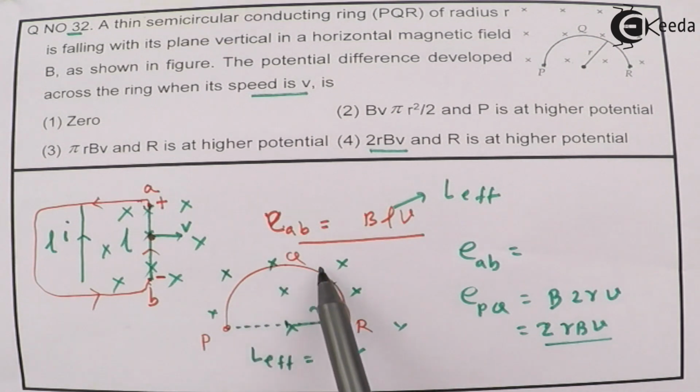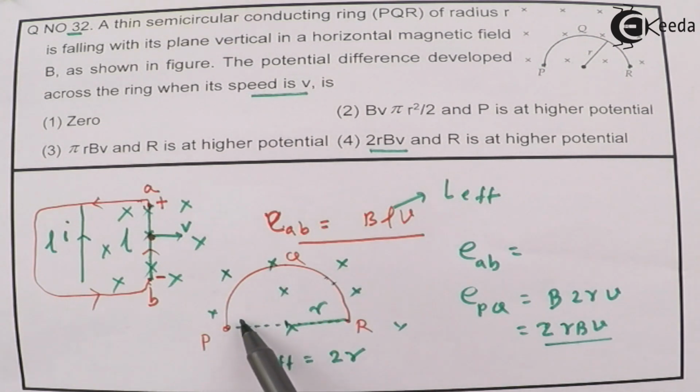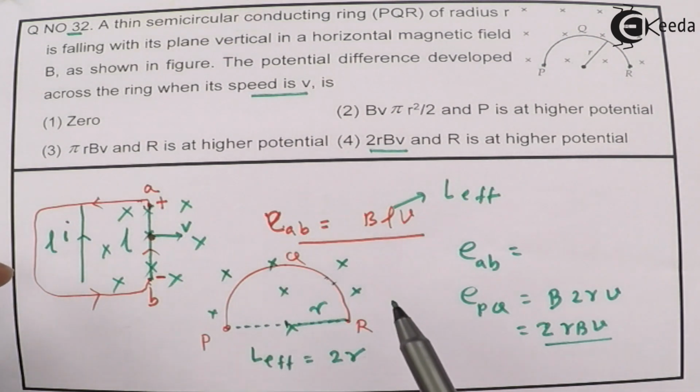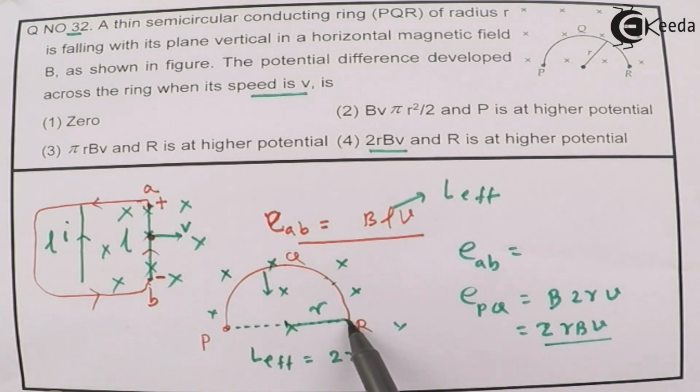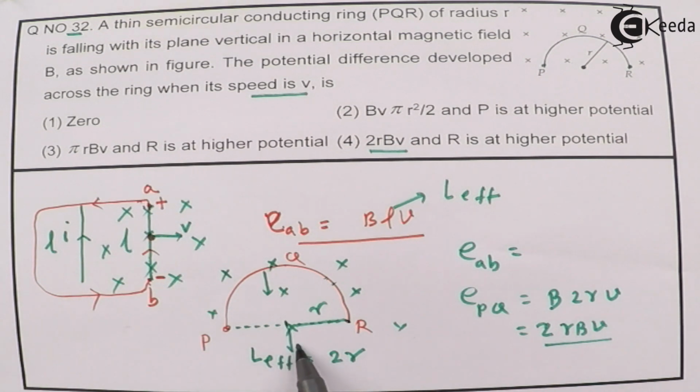You can see that if the ring is moving down, then R is at higher potential, because QV is in this direction and B is horizontal.